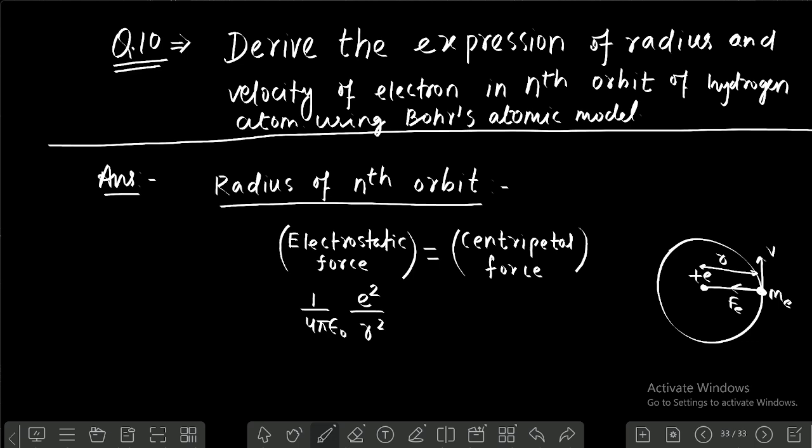So electrostatic force equals 1 by 4 pi epsilon naught e square by r square, and centripetal force equals mv square by r.